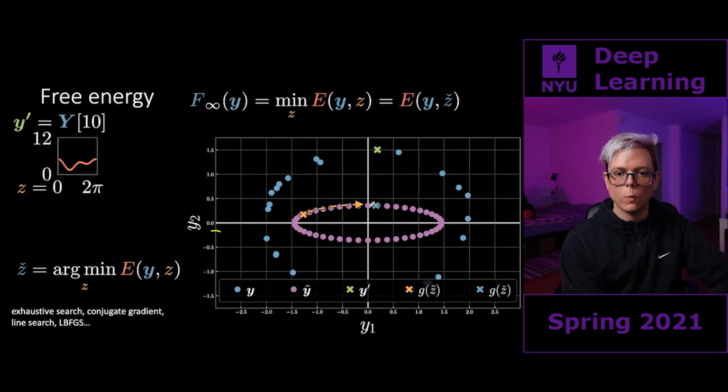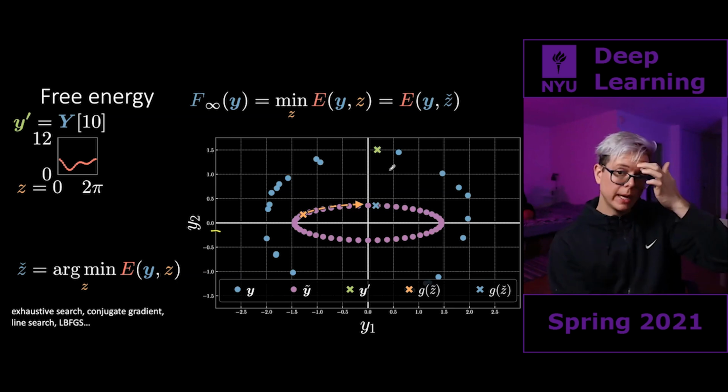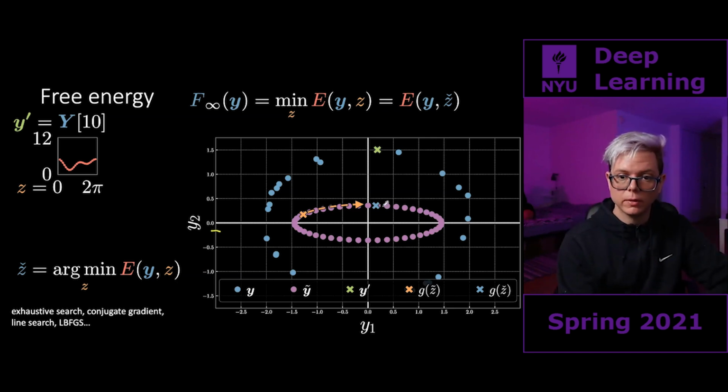And so again, what is the energy of this z and this y? Can someone tell me in the chat? How do I compute the energy of this one and this one? Yeah, it's 1.2, which is the square. Okay, I have no idea what happened there.